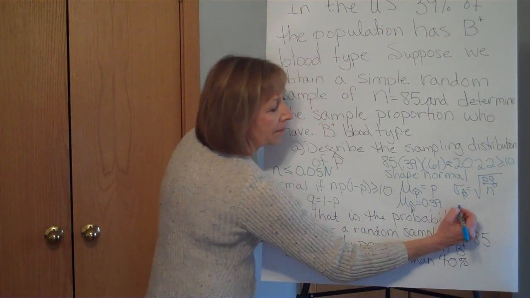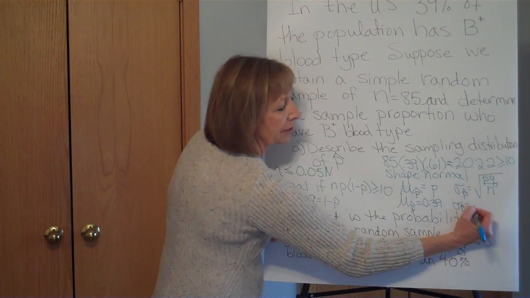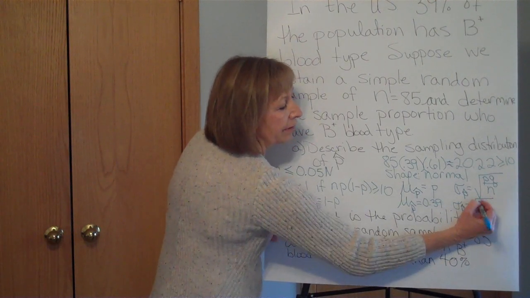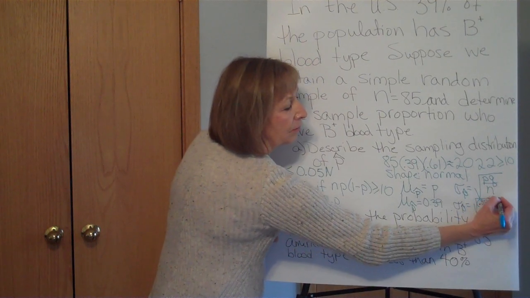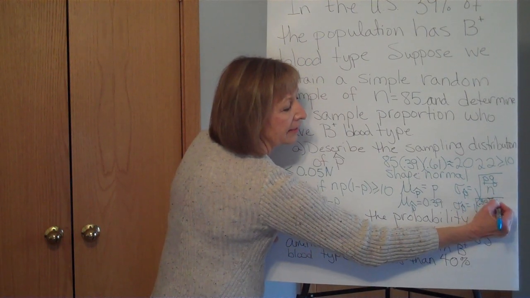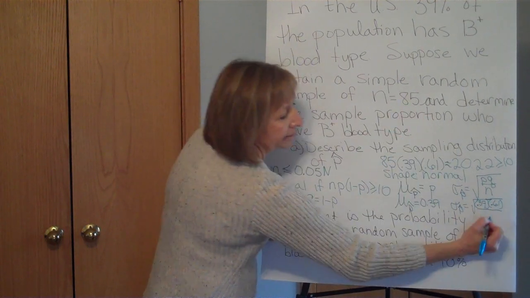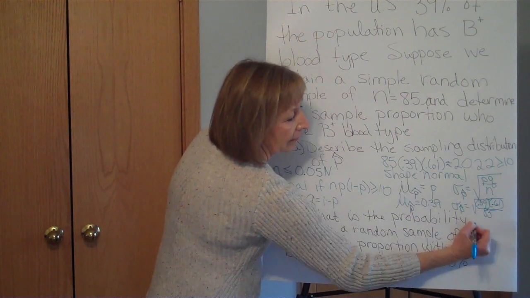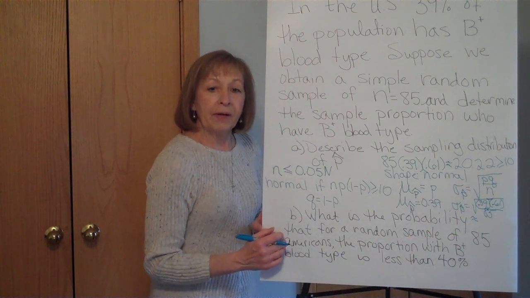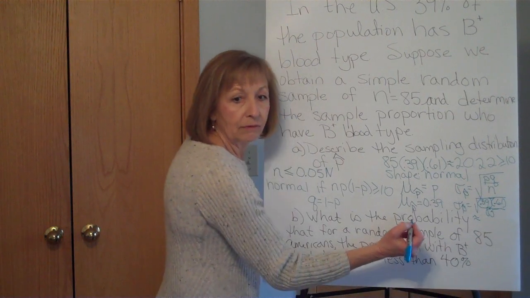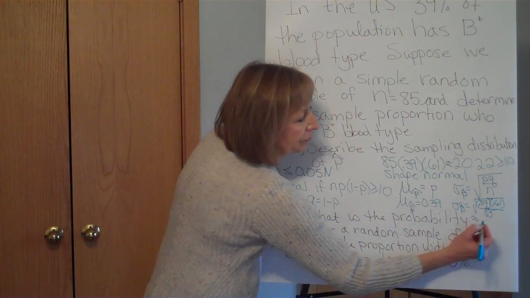So here in this problem, our standard deviation of our p-hat distribution is the square root of p is 0.39, q, remember, is 1 minus p, so that's 0.61, and our n is 85. And that comes out to be about 0.0529.